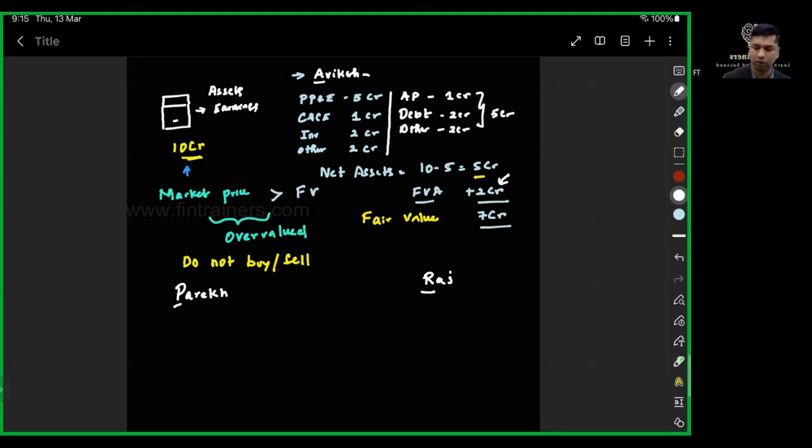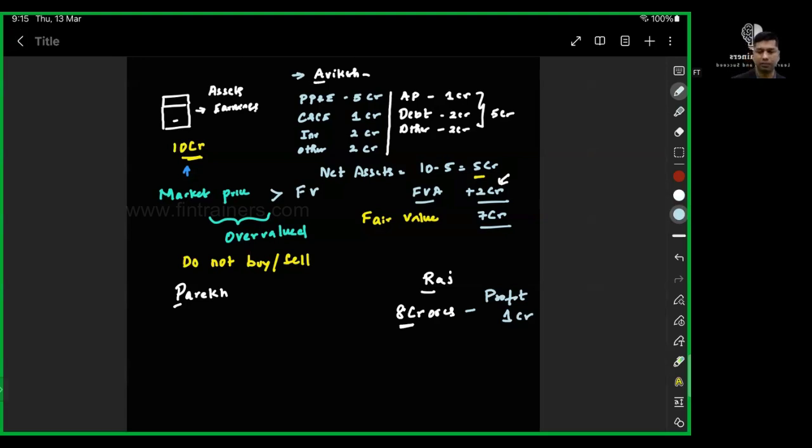So he goes around and finds, same street, same kind of business. That business was sold for, say, 8 crores. This business was sold for 8 crores last month, a very recent transaction. But in this 8 crore business, this business was making a profit of 1 crore, and he had sold this business for 8 crores.